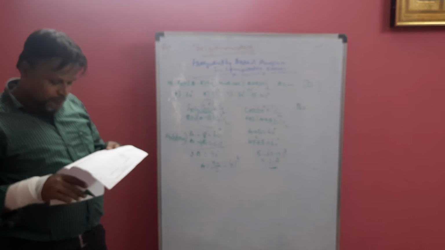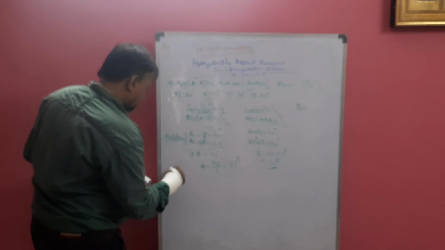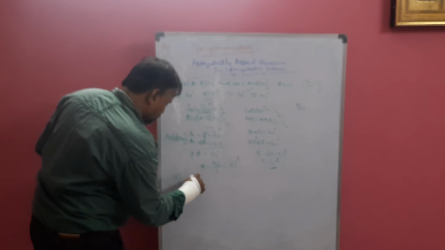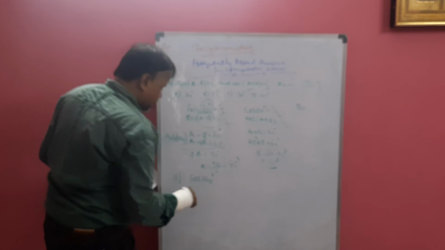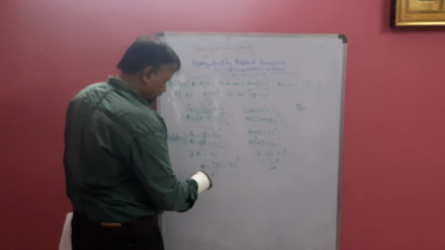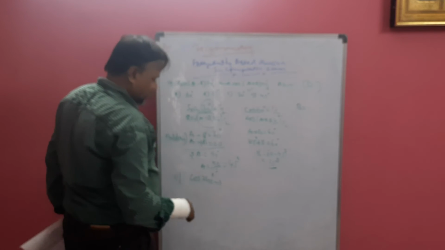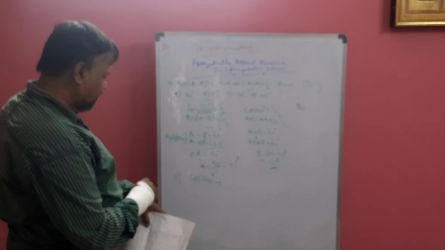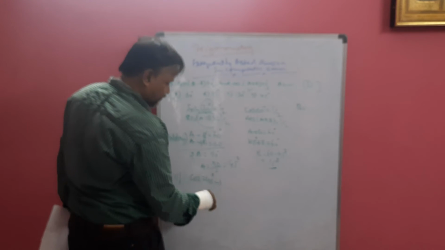Okay. Now one more question is there, a very simple one, the 11th one. See here, it is cos 240 degrees. What is cos 240 degrees? Now we can do it in a different way. Take less than that, 270, cos 270 minus theta, or we can take 180 plus theta.